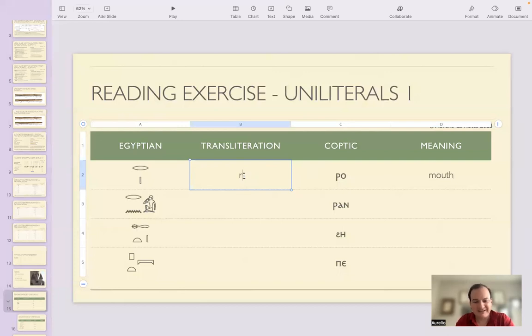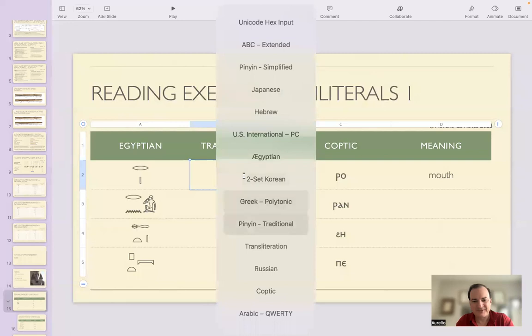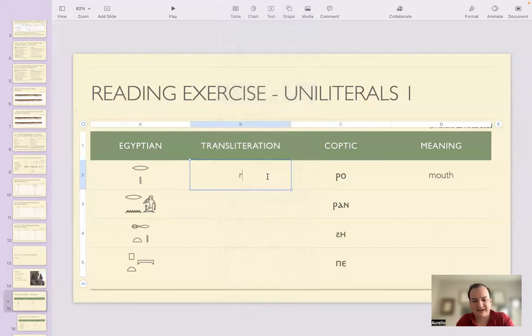Now, is it R only, or is it R Aleph? I think a case for the letter can be made, because if you look at the Coptic, it's a ro with a short O, short omicron. And that normally indicates a closed syllable.